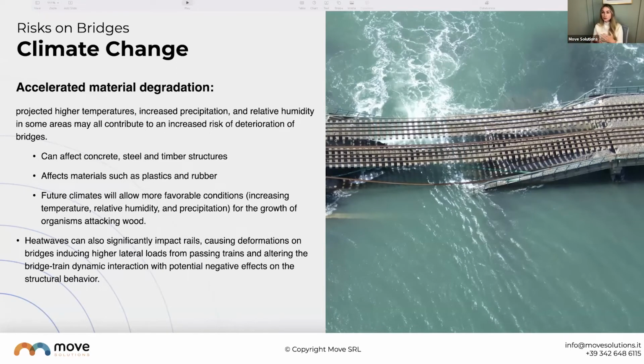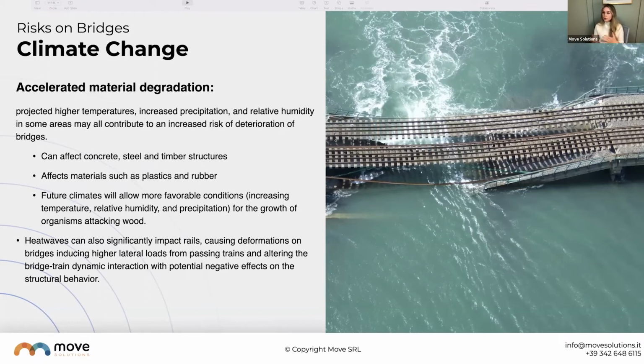Also, the increase in temperature and the heat waves can significantly impact rails. And I know we're seeing this all over the world where we have the railways buckling and moving from increased temperatures. And something that you have to think about is the impact that has on rail bridges.